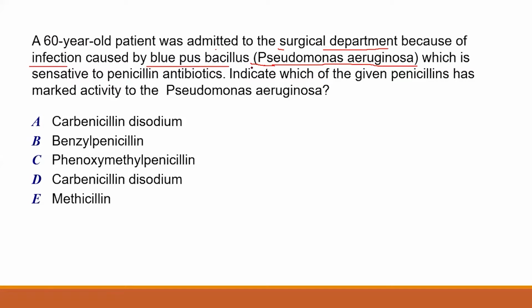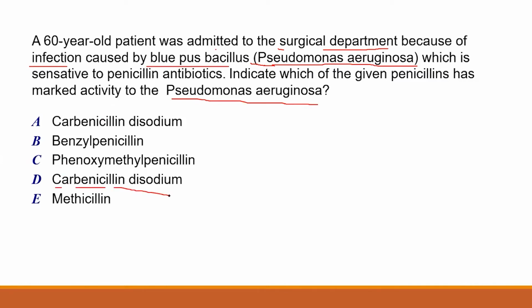Indicate which of the given penicillins has marked activity against this Pseudomonas aeruginosa. Definitely we are looking for a drug among these, all of them penicillins, that works effectively on gram-negative bacilli.